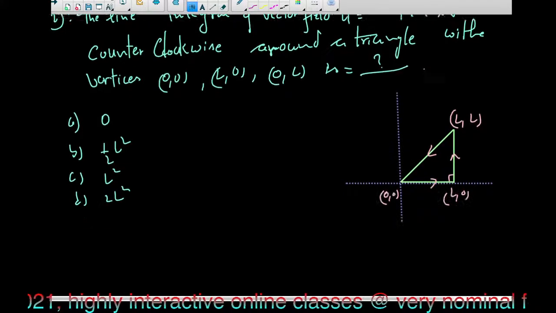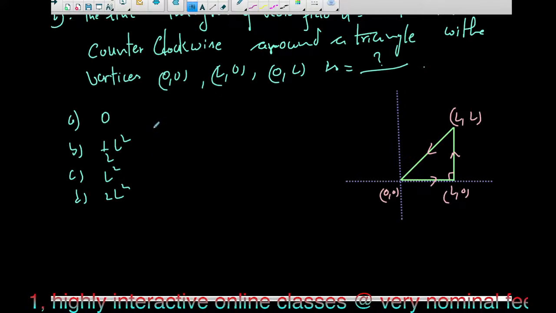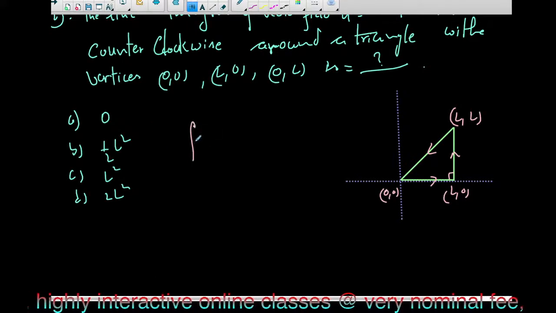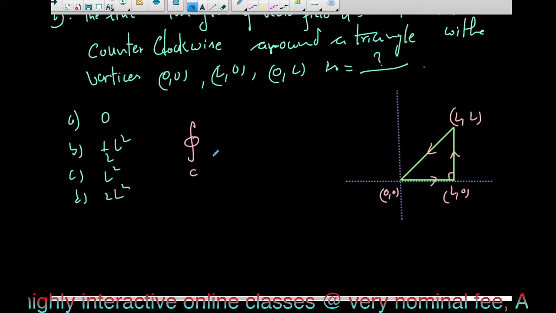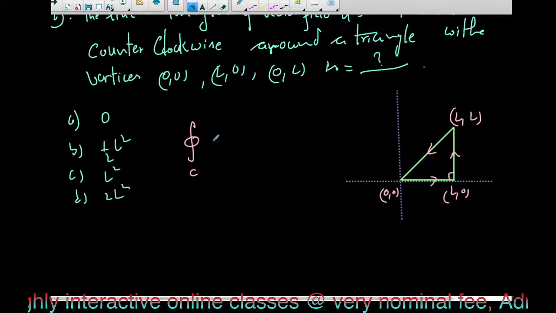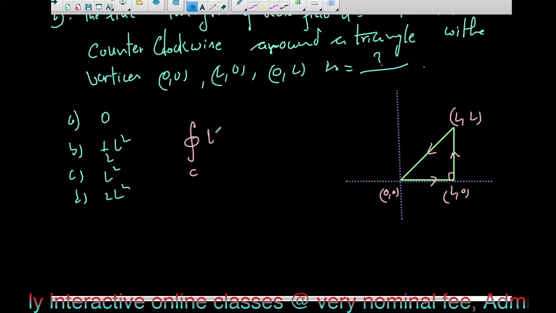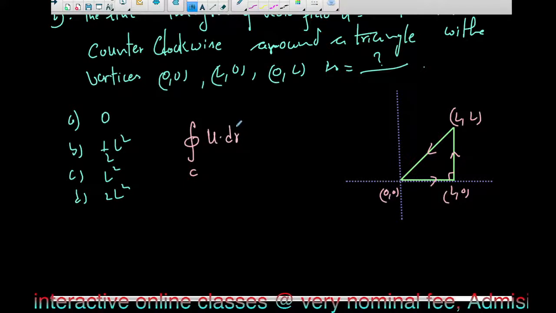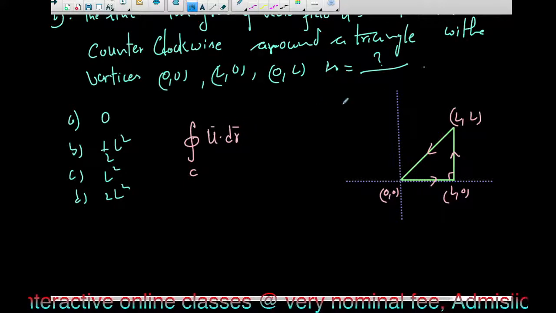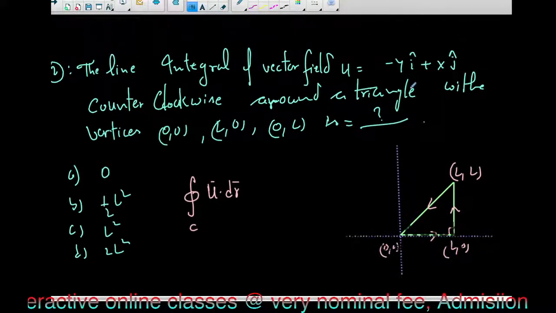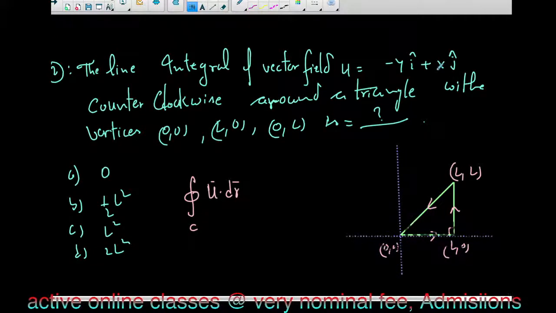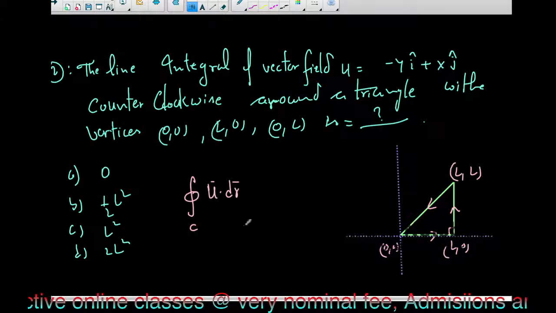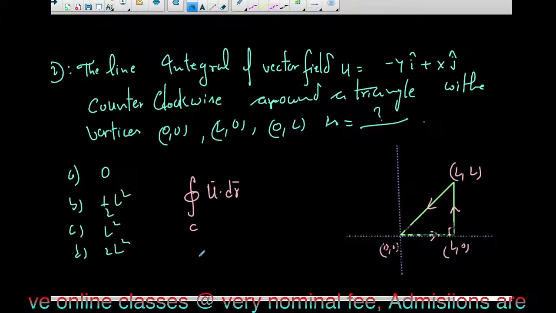So around the right angle triangle, if you are integrating, then what do you have to find? The integration over the curve, counterclockwise, of u dot dr, as u is the vector quantity according to this field. This field is minus y i plus x j. So how to tackle this?